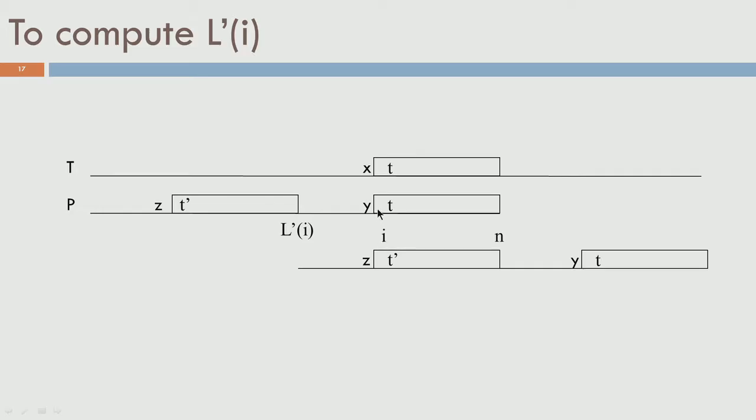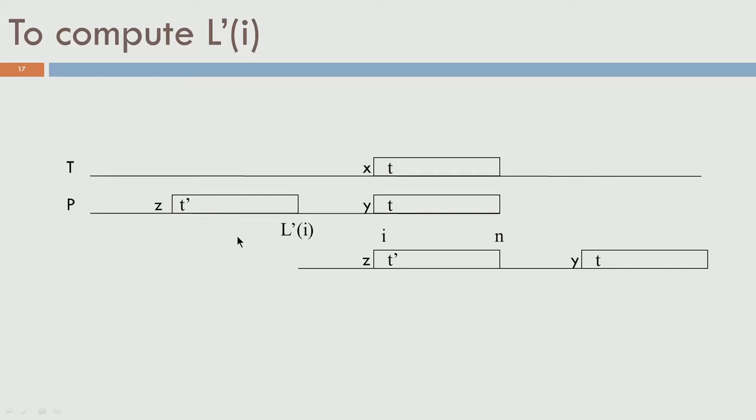So, one looks at the suffix of the pattern string from I to here, which in this case matches with the target string t, and L prime of I is the largest value at which this whole pattern t occurs as a suffix of p 1 to L prime of I. In other words, this is the position where t occurs just to the left.